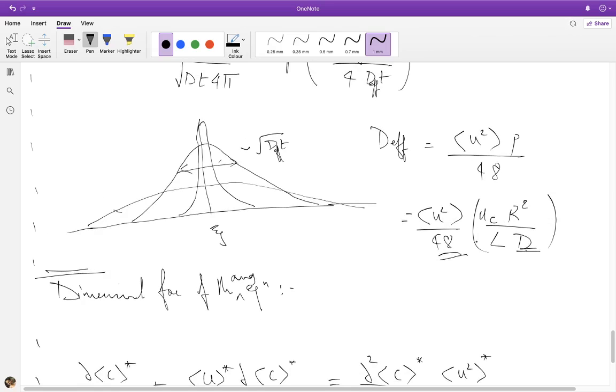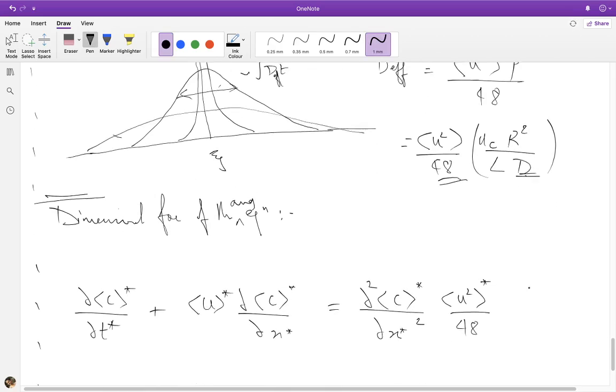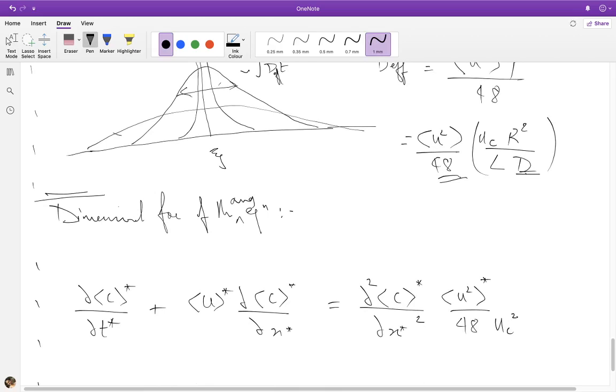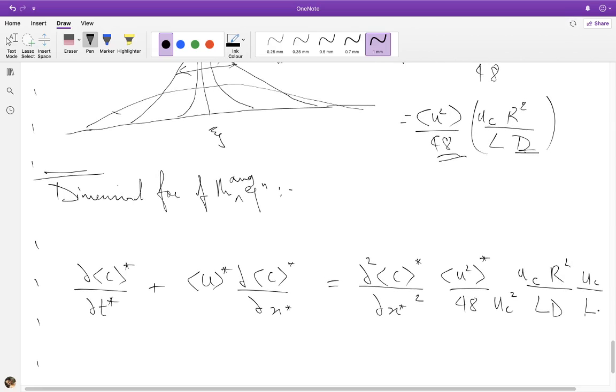So to make it dimensional, I would have to write it as U star divided by UC squared. That just comes from this term, and then I have the small p, which is UC r squared by LD, and then from the other side, I also have a UC here multiplied by L, and the same would have come here, so it would be UC by L again sitting right here.